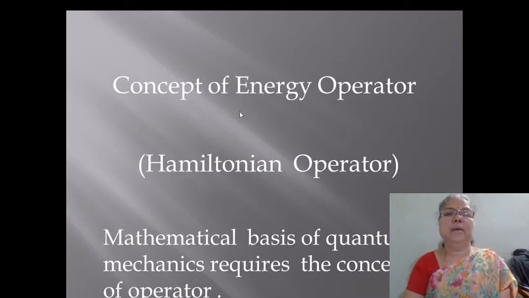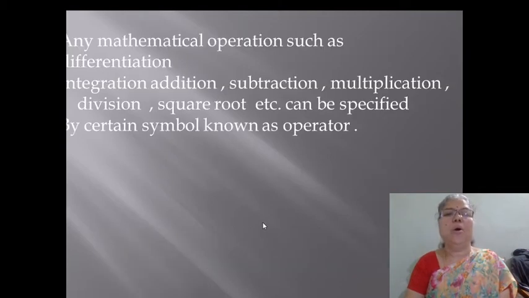Then we have seen the concept of energy operator, and for your study there is the Hamiltonian operator. The mathematical basis of quantum mechanics requires the concept of an operator. An operator is any mathematical operation such as differentiation, integration, addition, subtraction, multiplication, division, square root, etc., specified by a certain symbol known as an operator.